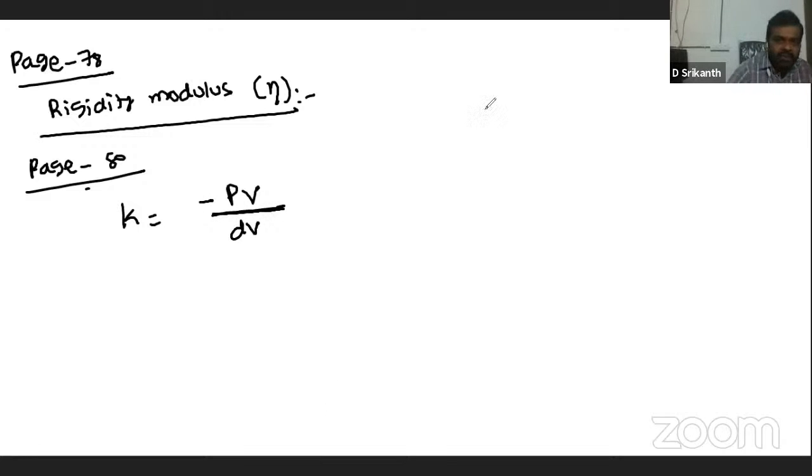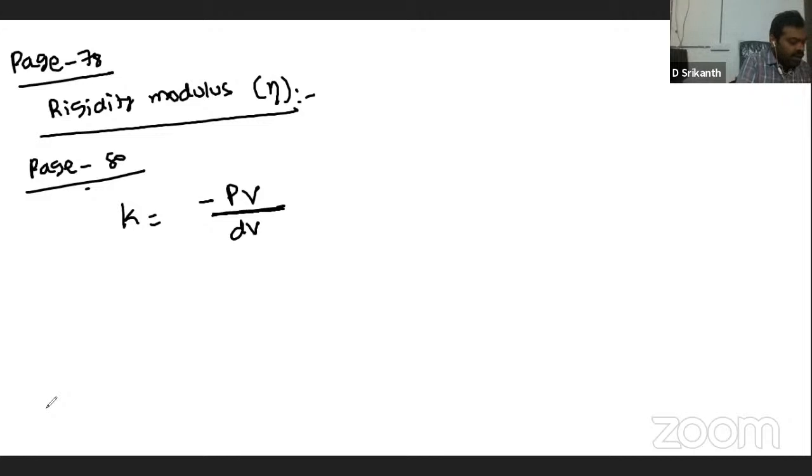Or as volume increases, pressure decreases. That negative sign indicates the decrease in volume on increasing pressure, or on increasing volume there will be a decrease in the pressure.